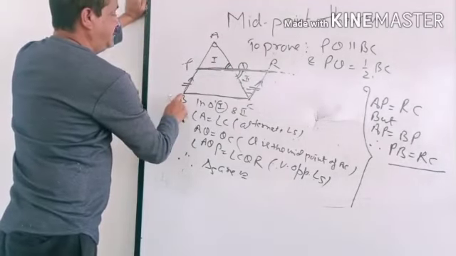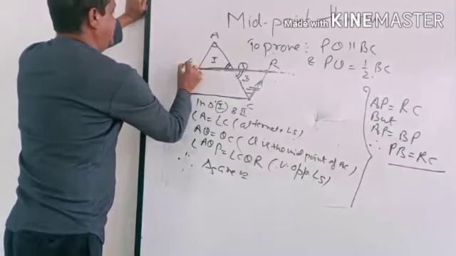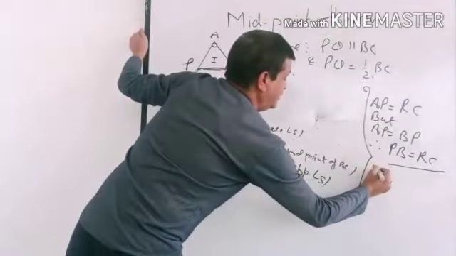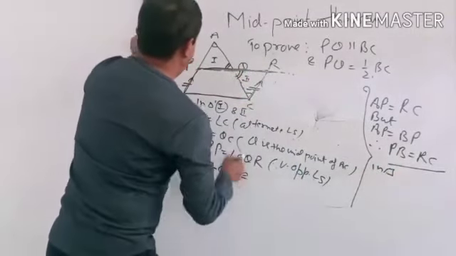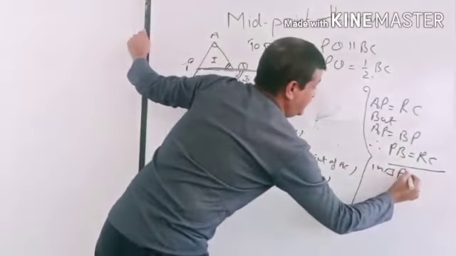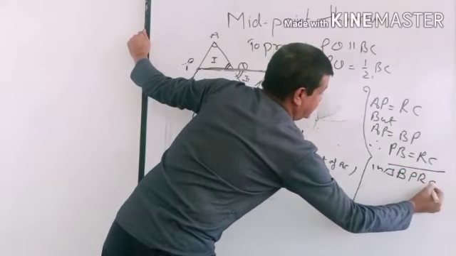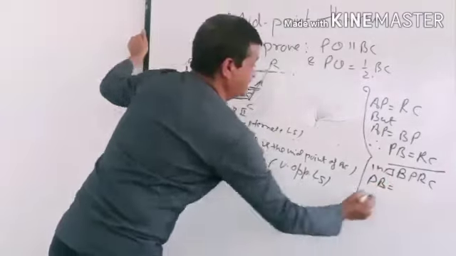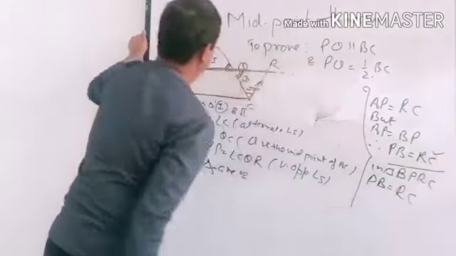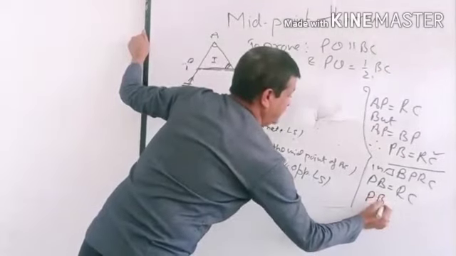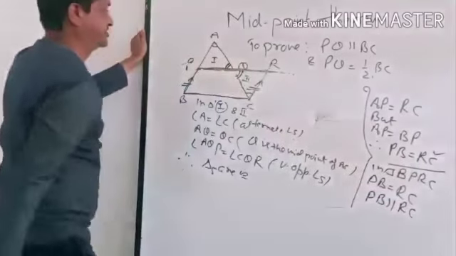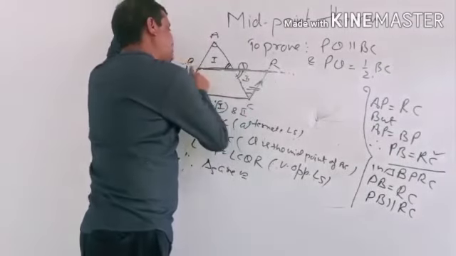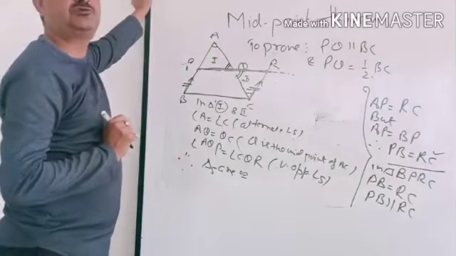In quadrilateral BPRC, PB is equal to RC, proven, and PB is parallel to RC by construction.